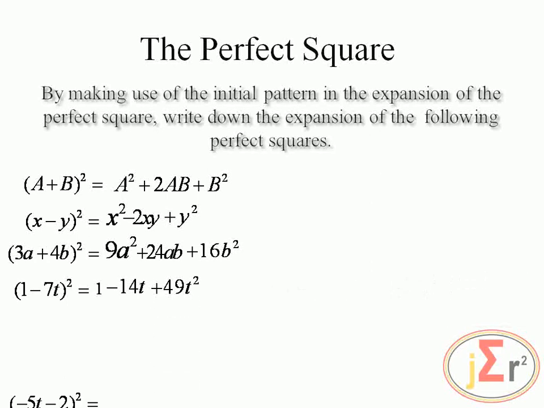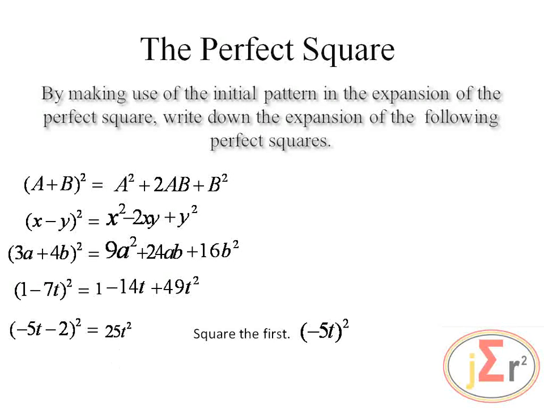We are just taking a look, for summarization, that we are able to make use of the perfect square when we get to it. And then, square negative 5t, we have a positive 25t squared.